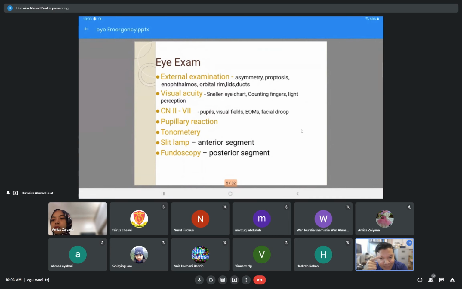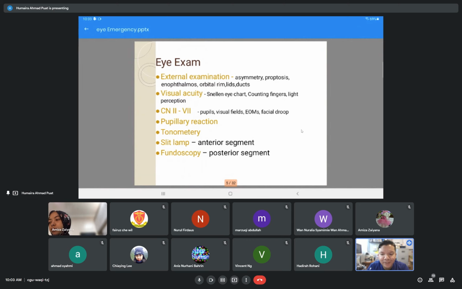Sometimes the swelling causes mechanical ptosis. Then examine from outside to inside. Is there any foreign body? Is there any chemosis? Chemosis is swelling of the conjunctiva. Then you see your pupils. There are many things we can assess in the pupils.